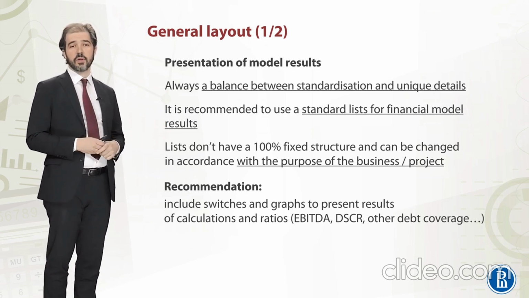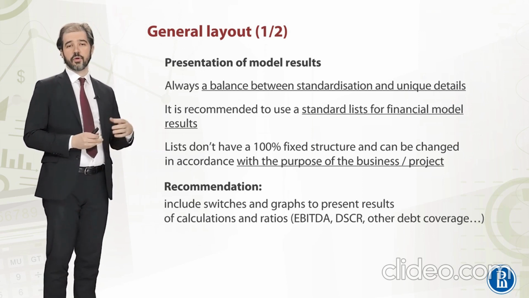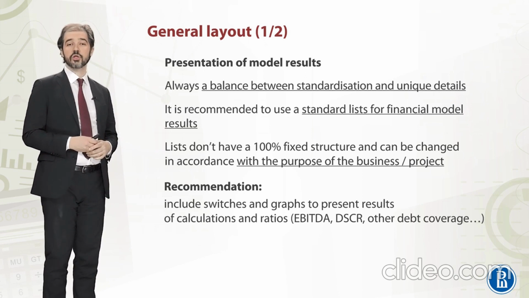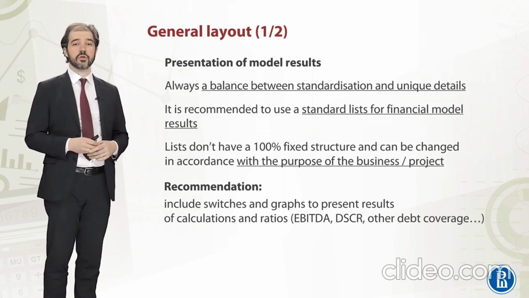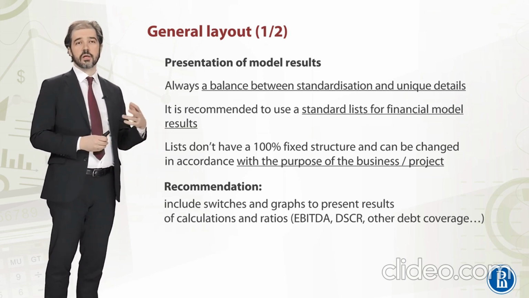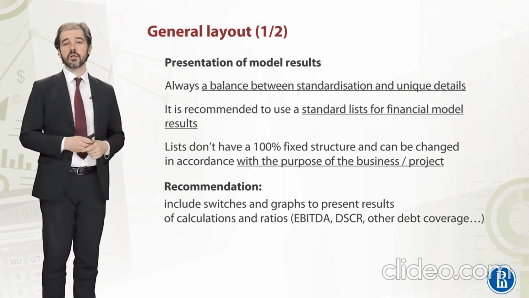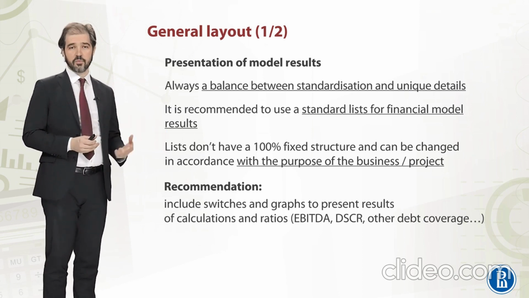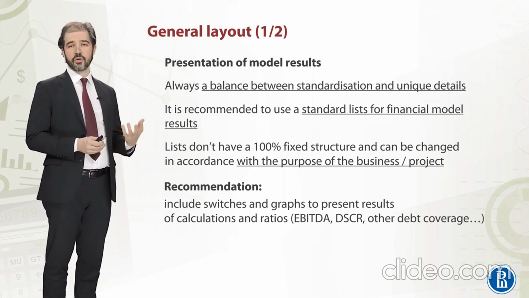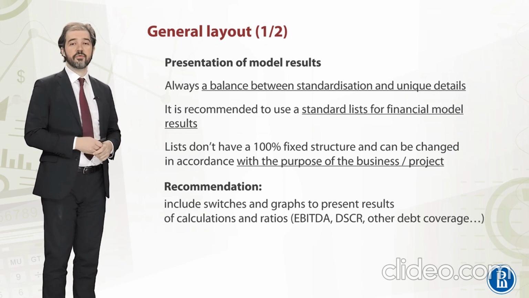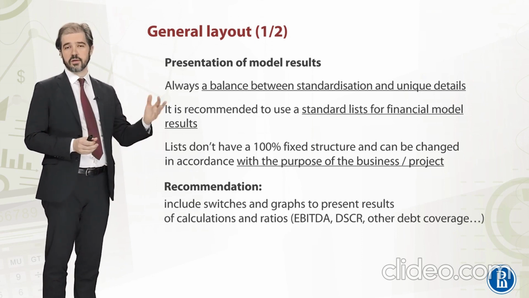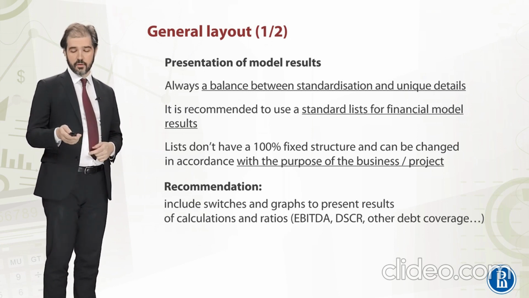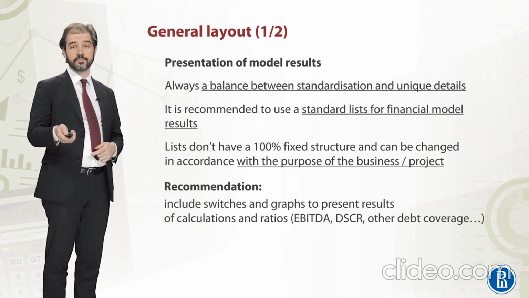We also see a recommendation to include different switches, graphs to present results of calculations and different ratios. Usually these are not only ratios, but also forecasts: revenue, operating profit, EBITDA, different specific ratios for debt service like DSCR, other debt coverage, and other information.